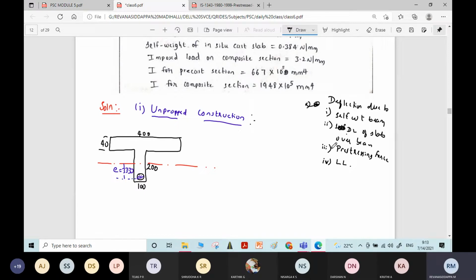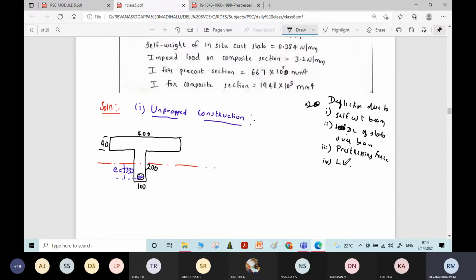Understood? In the previous class, we solved a problem on analysis of stresses, where we identified the stress due to self-weight of the beam, stress due to dead load of the slab over the beam, stress due to the pre-stressing force, and stress due to the live load, and adding all together, we got the resultant stresses.